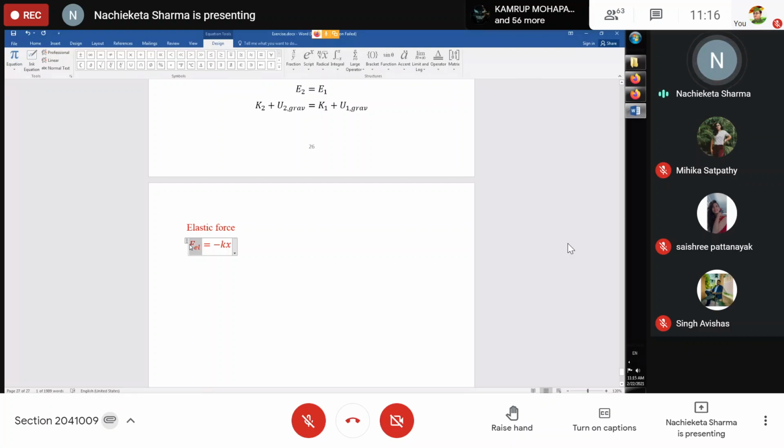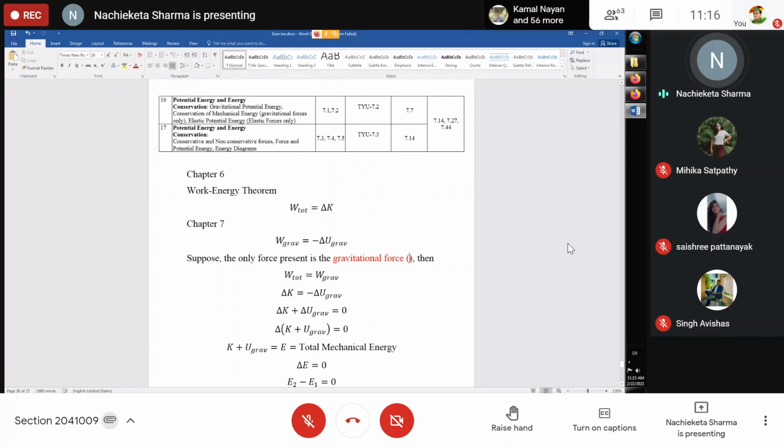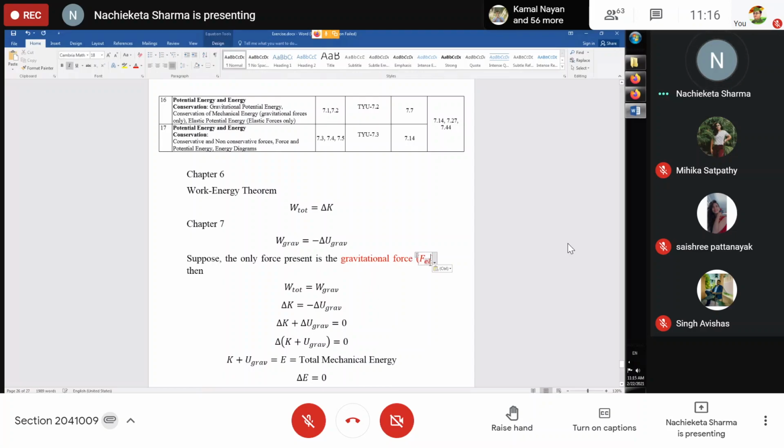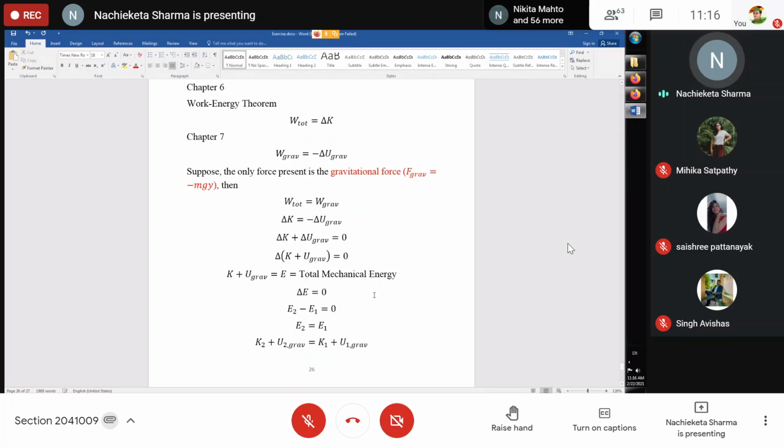Similarly, this gravitational force I can write as F grav is equal to minus mgy. Now you see this gravitational force, which is a constant force and is the only force present, then we see that the total mechanical energy remains constant.